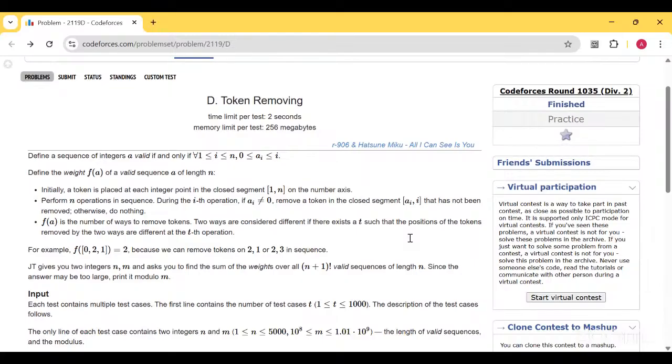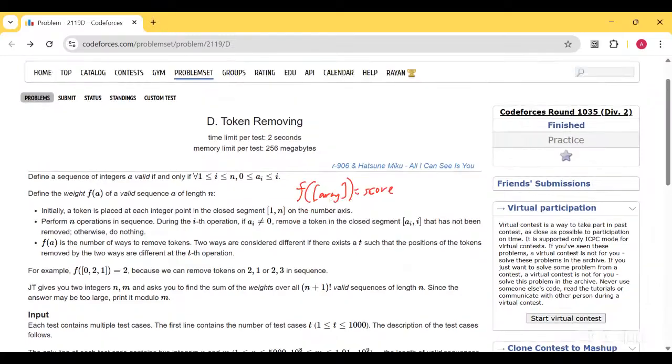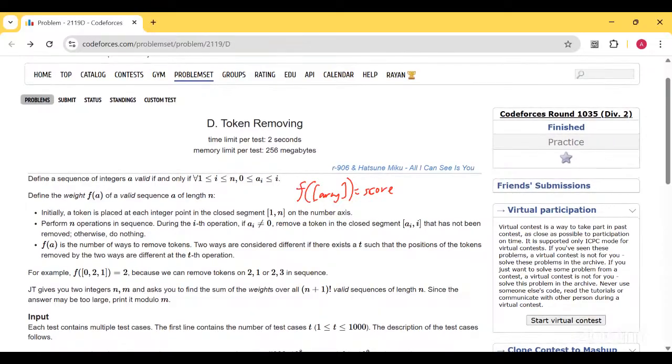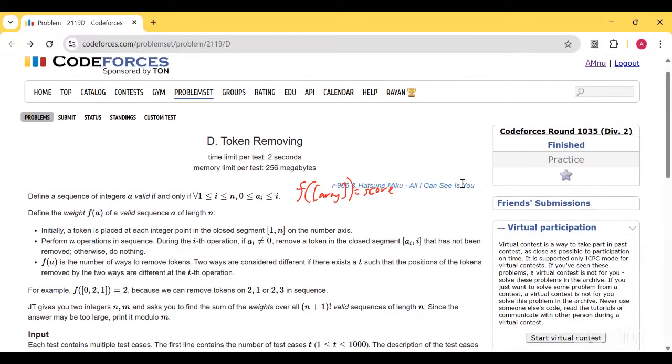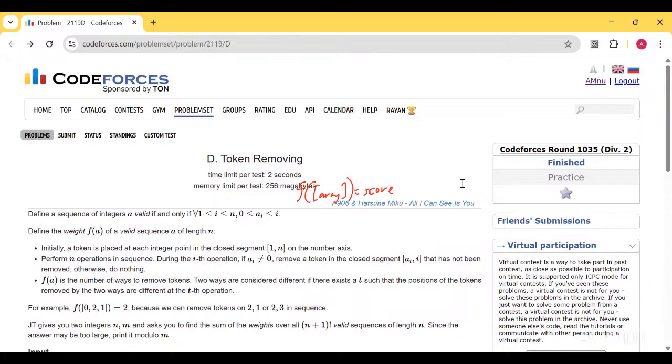So what is the score of an array? The score is the number of ways to remove the tokens. But the rule is like this. We will do n operations. In operation i, we will check whether a_i is equal to 0 or not. If a_i is equal to 0, just do nothing.